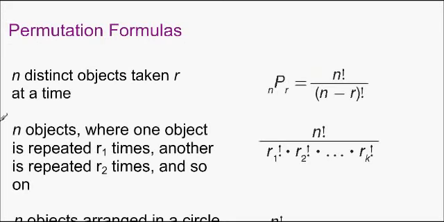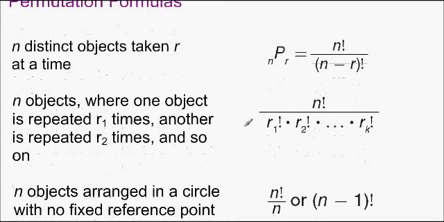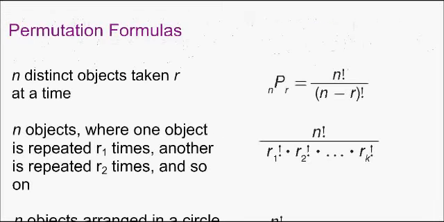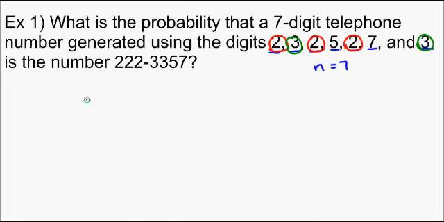Looking back at our formulas on the previous page, we see a few different r's. So what is my situation? Do I have n objects taken r at a time, or do I have something repeated? Looking at this set, I have repeated objects. I have three 2s and two 3s. So I'm going to use that second formula: n factorial over r1 factorial, r2 factorial, and so on.